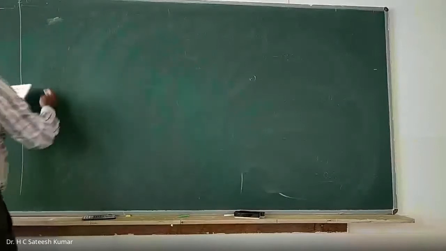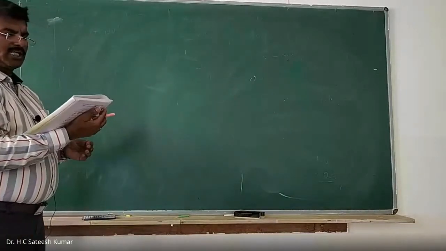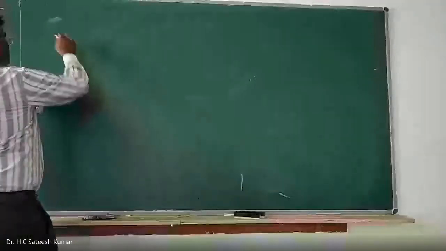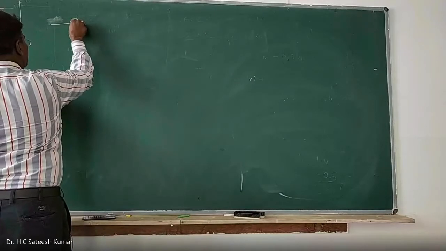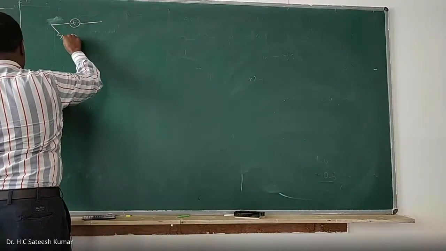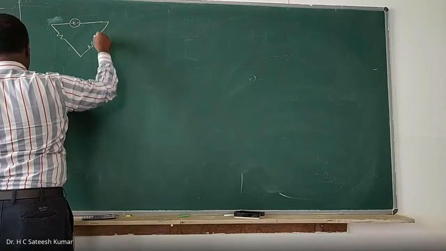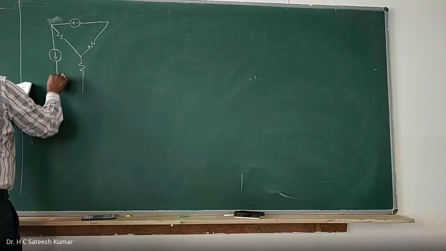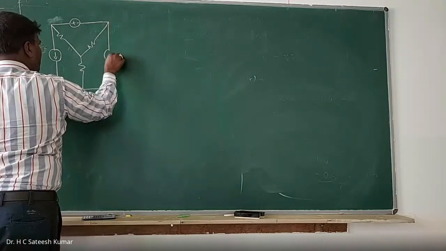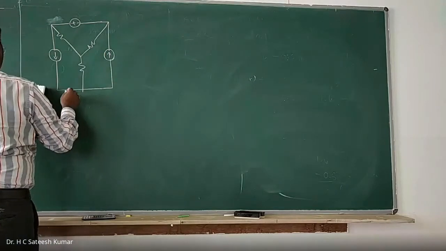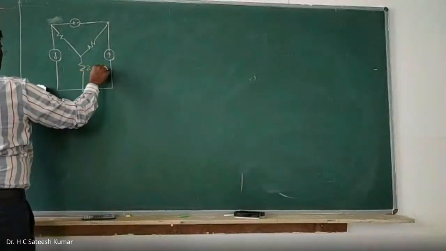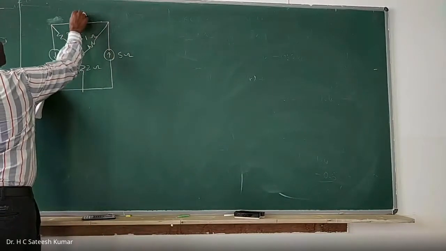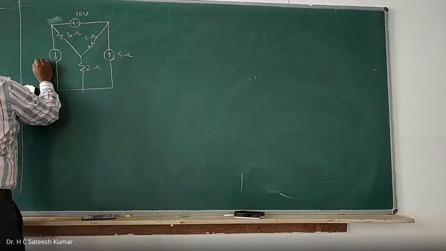Okay, right. So this is another question. Find the power delivered by the 5 amps current source in the circuit shown in the figure. The circuit is given like this: plus, minus, 2 ohms, 5 ohms, 1 ohm, 3 ohm, 10 volts, 2 amps.